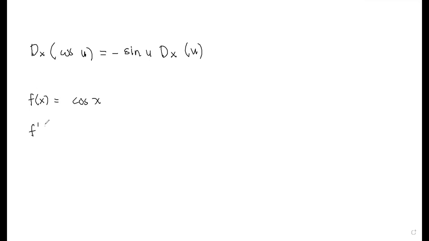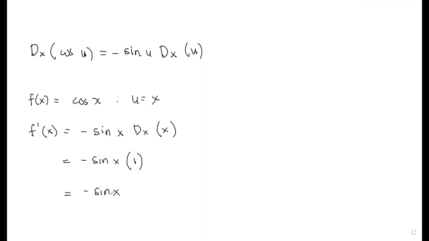What is the derivative of f of x? Simple. What's our u here? Our u is equal to x. So it's going to be negative sine x times the derivative of x. What is the derivative of x? One. Perfect. And the answer is negative sine x.